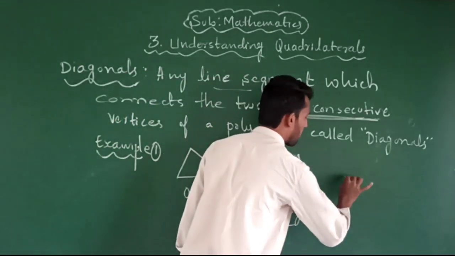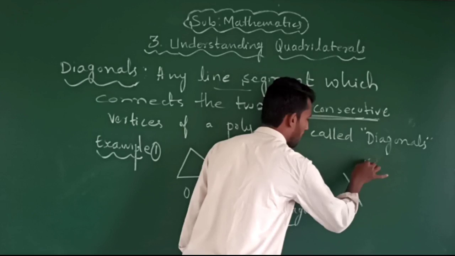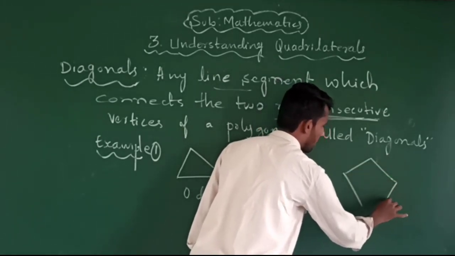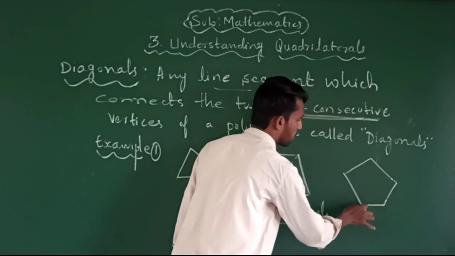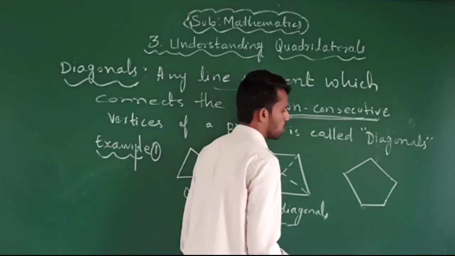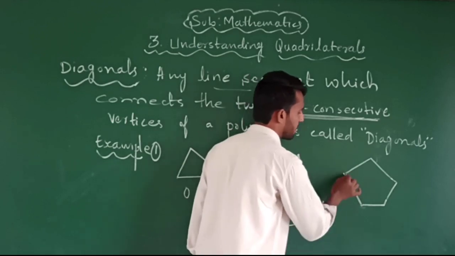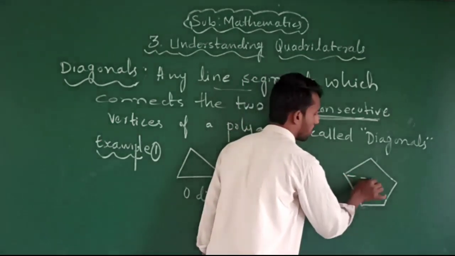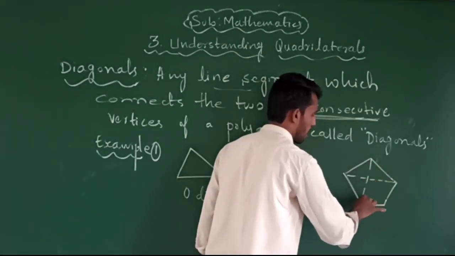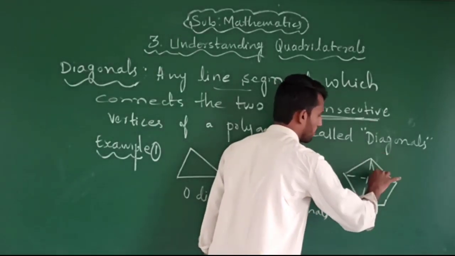Next I will draw here a pentagon. See, pentagon means a total of 5 vertices. Here, when you join the non-consecutive vertices, see how many you will get.